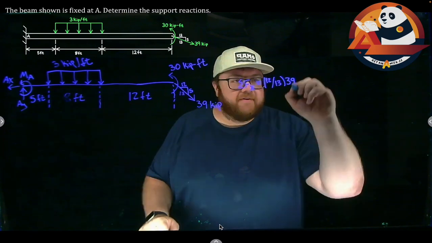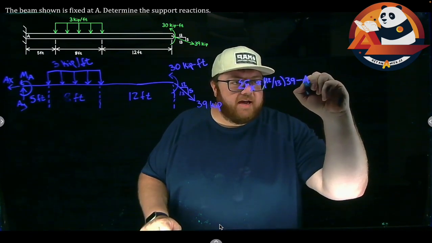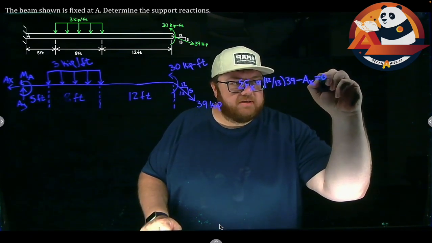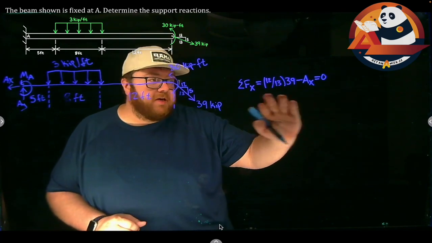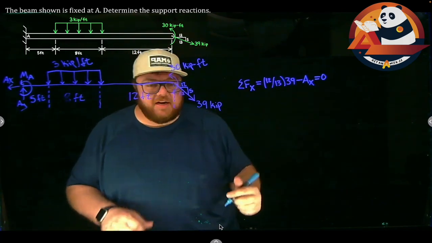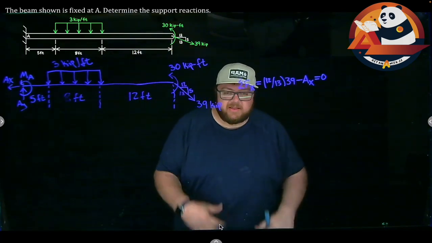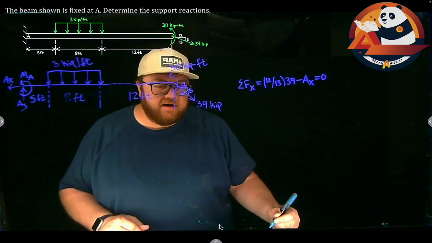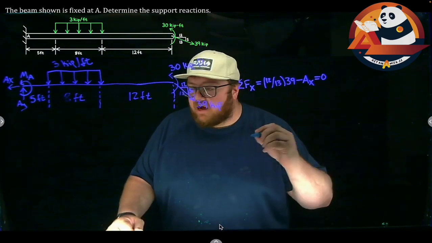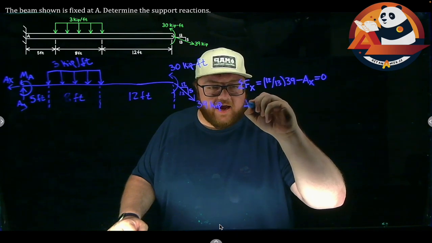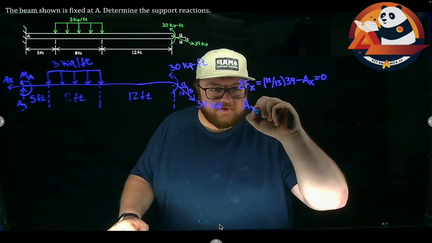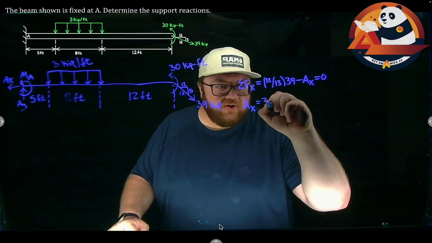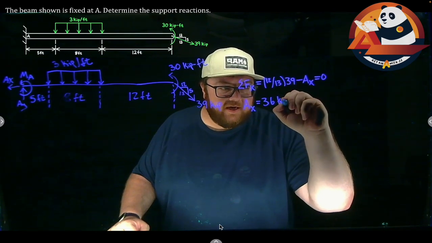It's pointing to the left, so we subtract it off. Minus AX equals 0. Again, when we make equilibrium equations, we should write the full equation out, even when it's one that is easy to solve like this. Stay with good habits on everything. Once I know that, I can solve for AX. I'm going to get that AX is equal to 36 kips.